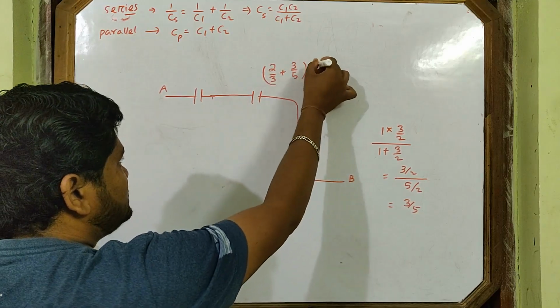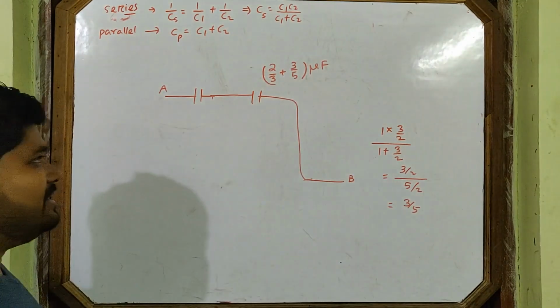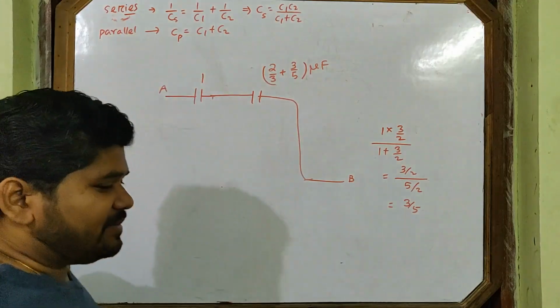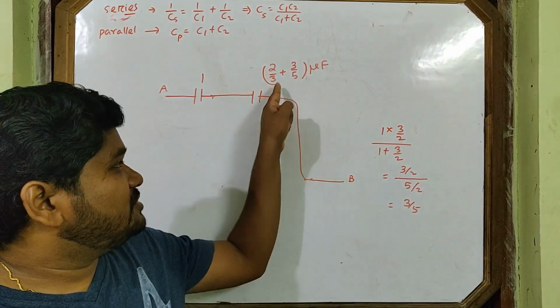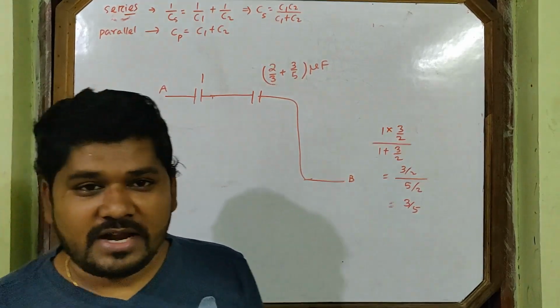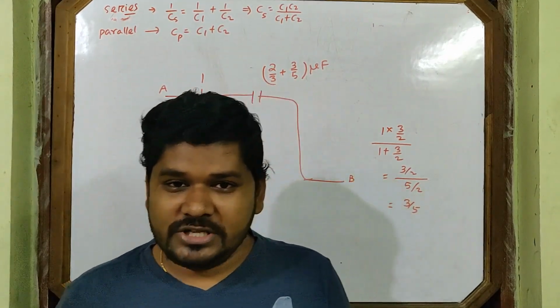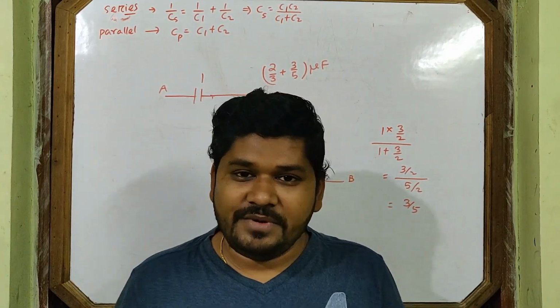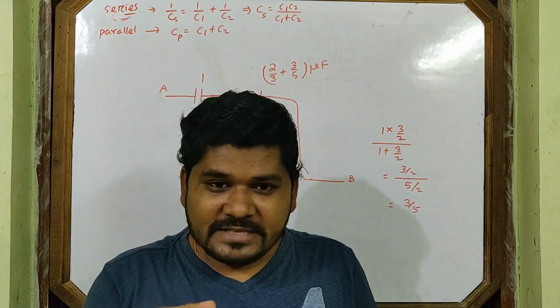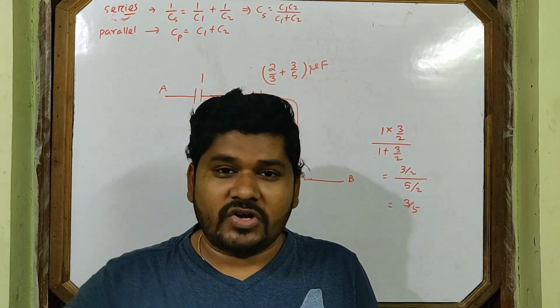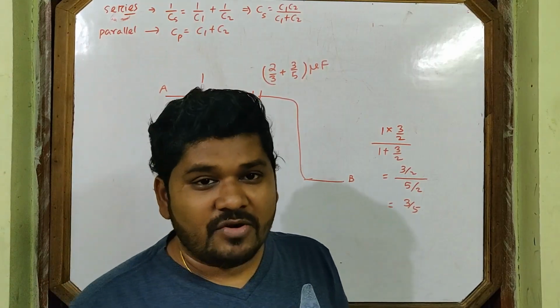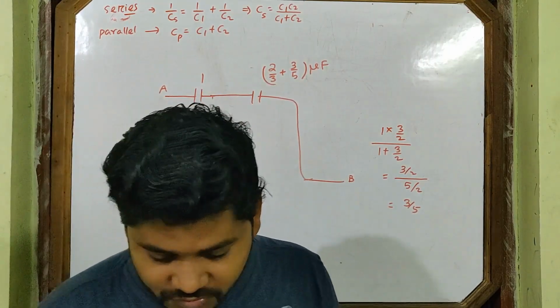You add them, and this is the value in microfarad. Then this one is again connected with 1 microfarad in series connection. You will add it, and then with 1 you will do series connection. If this type of circuit comes, you solve the different small branches and always redraw the figure, making it simpler so that you are able to solve it.